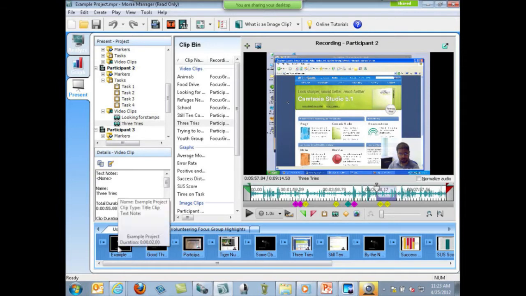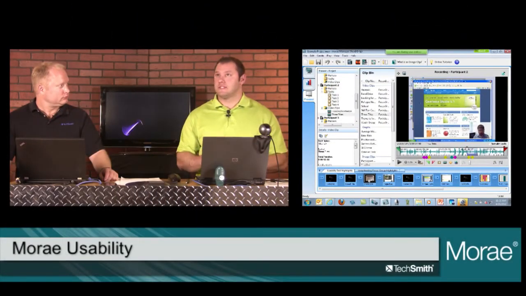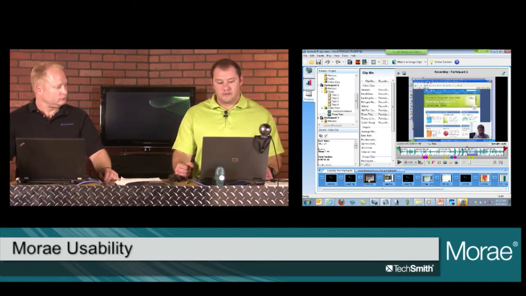But this is where you can put together key things, because at the end of the day, video doesn't lie. You can have opinion all you want, and opinion's good, but when you're able to collaborate around Observer, everybody's able to see the same thing happening over and over, it's really a powerful thing and helps enact change. So that's an overview of Morae.